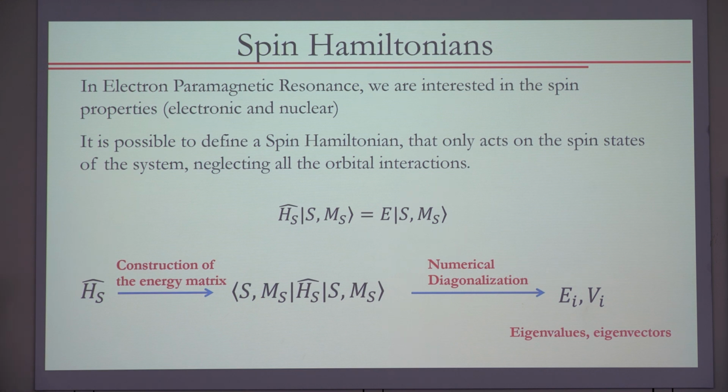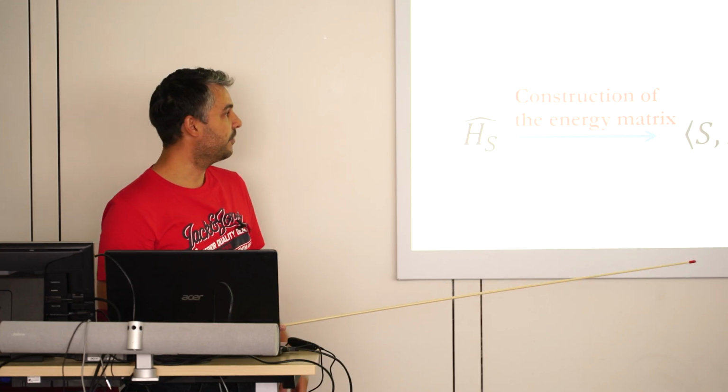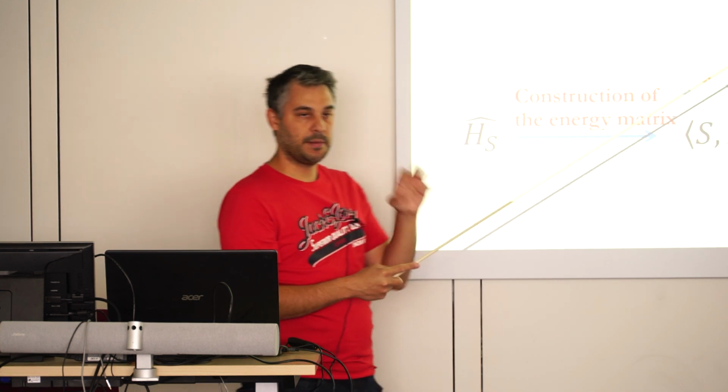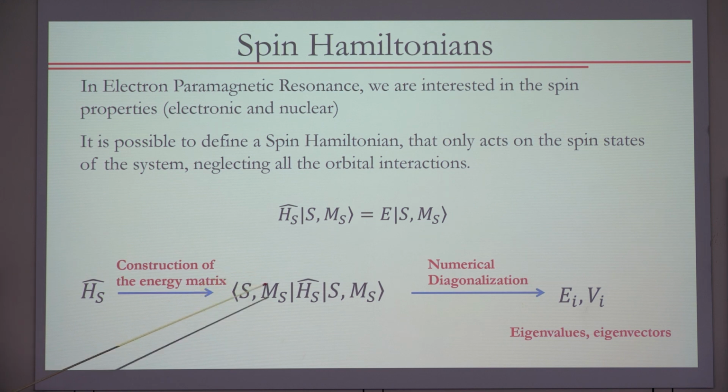So it doesn't change, or doesn't change much, the electronic energies, but it allows us to describe the splittings only due to spin interactions or spin interactions with an external magnetic field. So the spin Hamiltonian is much smaller and much simpler than the full Hamiltonian.